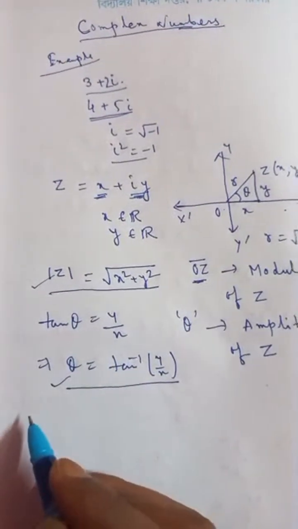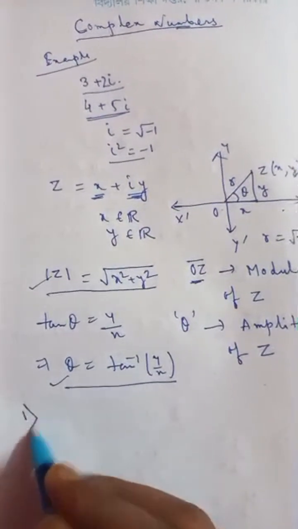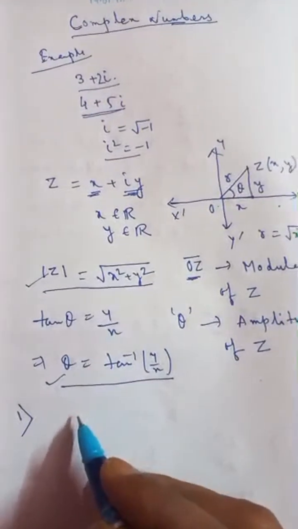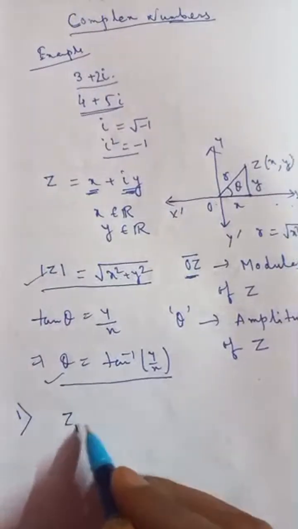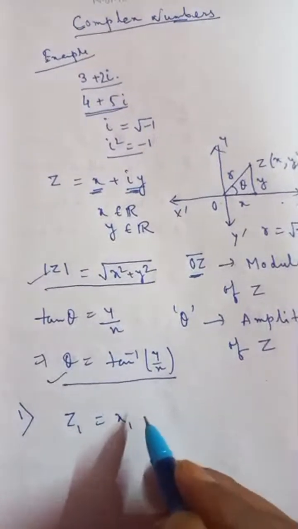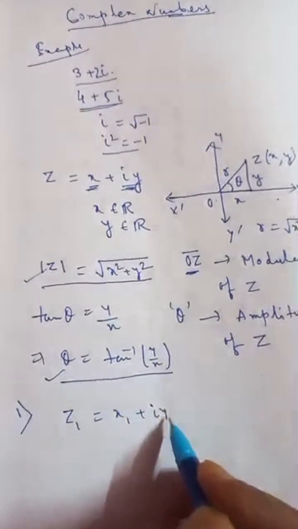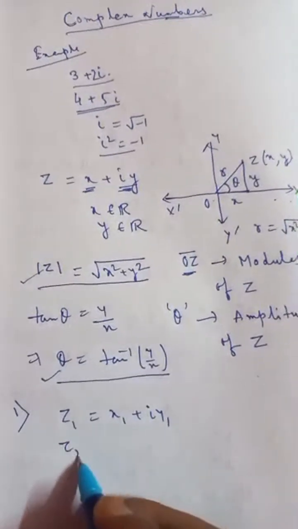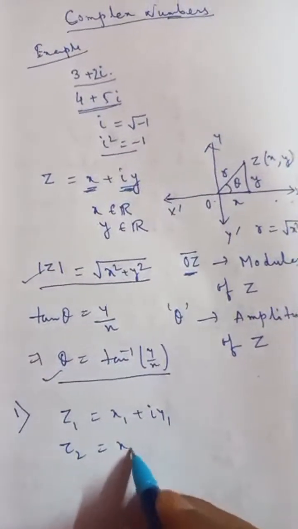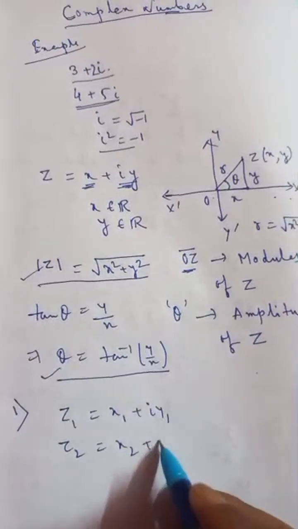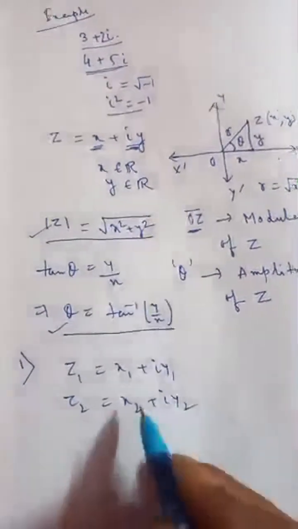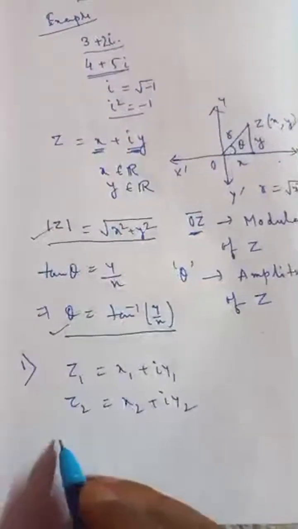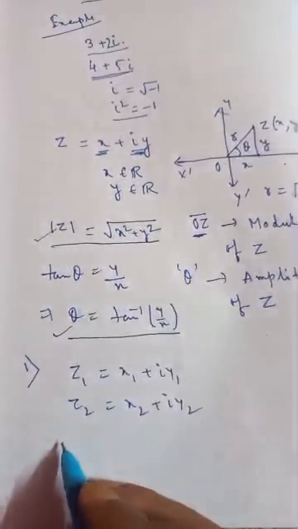Now we can add or subtract two complex numbers. If we take z1 equal to x1 plus iota y1, and z2 equal to x2 plus iota y2, any two complex numbers, we can add or subtract them in this way.